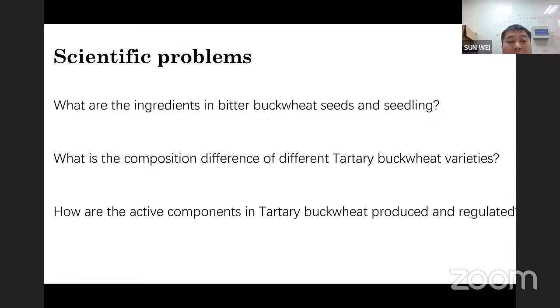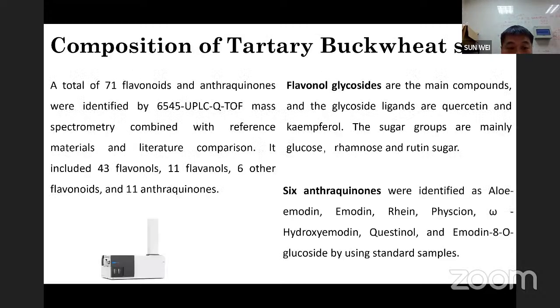Number three: how are the active components in Tartary buckwheat produced and regulated? Next, I will introduce 4 papers from my lab in the last 3 years.